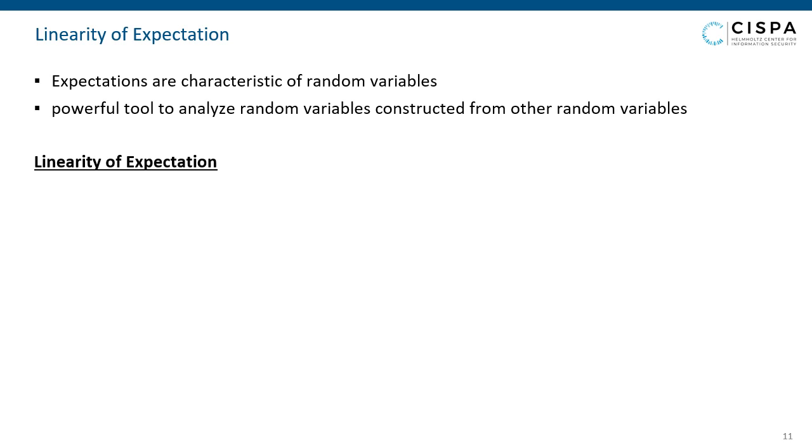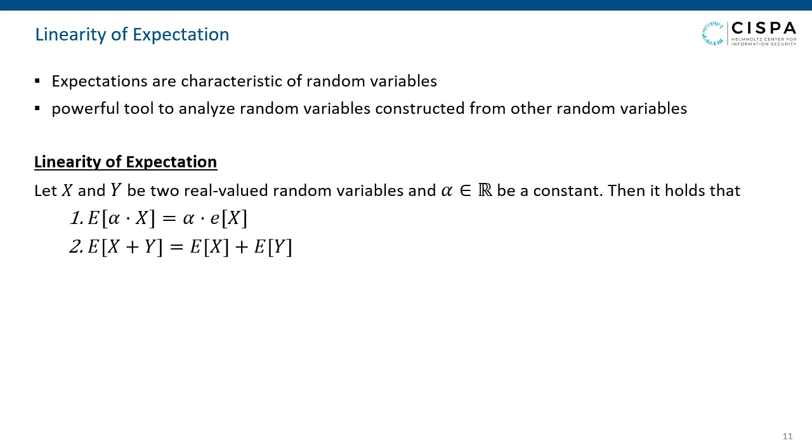So what does linearity of expectation state? Let x and y be two real-valued random variables, and let alpha in R be a constant. Then it holds that the expectation of alpha times x is alpha times the expectation of x. Second, the expectation of x plus y is the expectation of x plus the expectation of y.